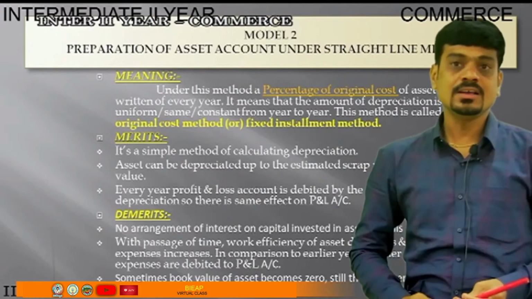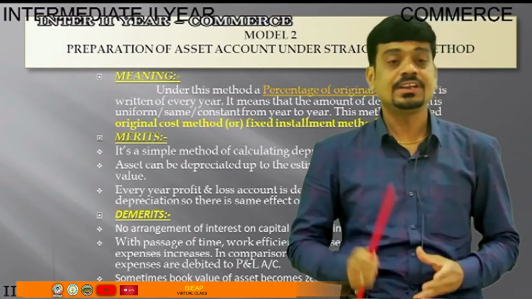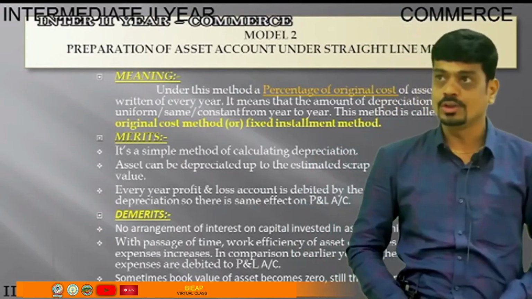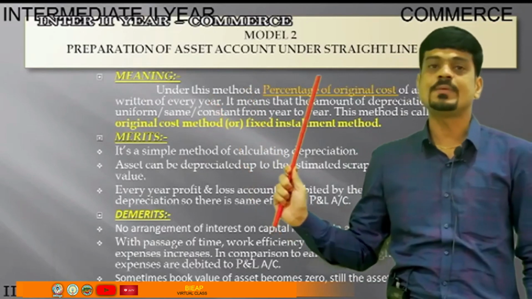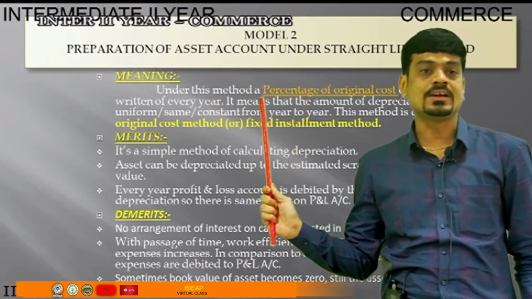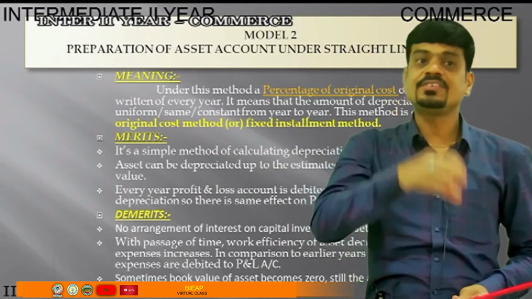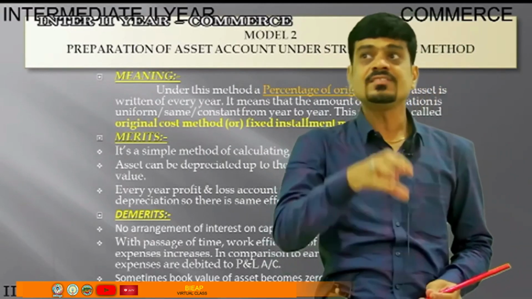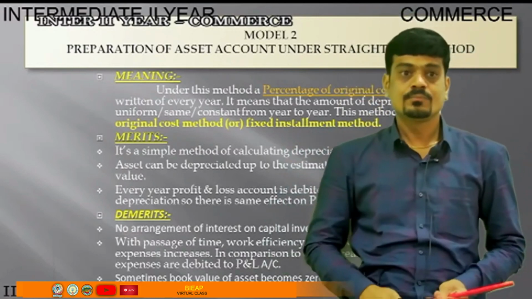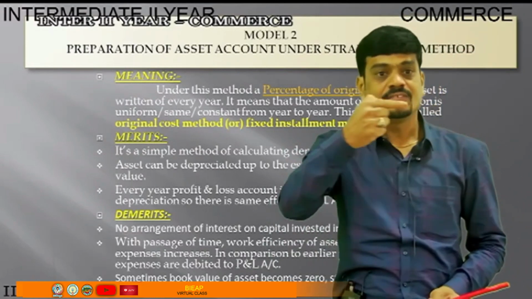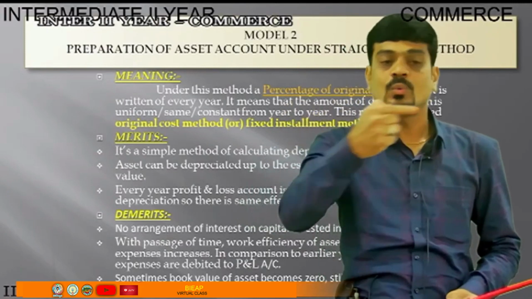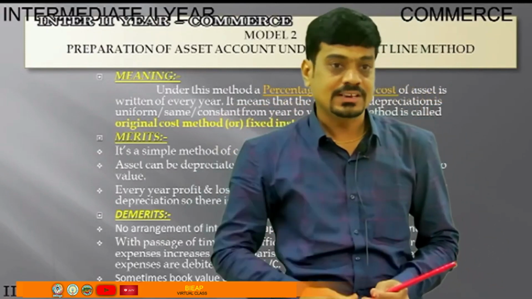Straight line method is recognized by different names also, like original cost method, fixed installment method, sum of equal installments method. The name itself tells us that it is straight line method, straight in the sense not up and down, one which is going to be in a proper straight line.